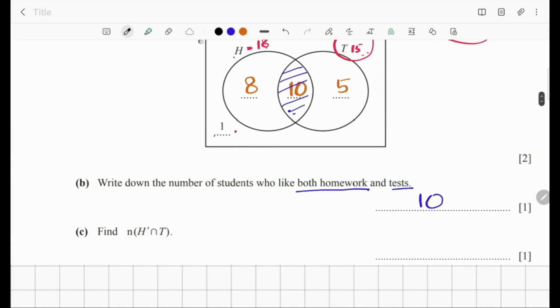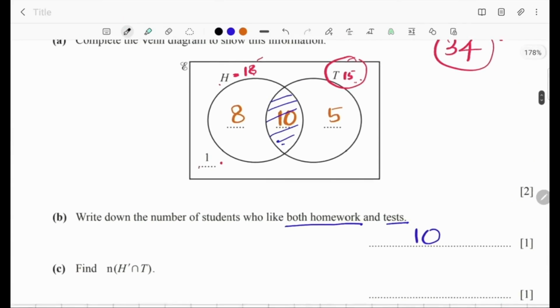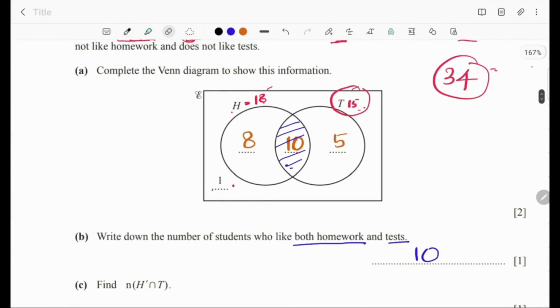So what is complement of h? Complement means everything that is not in h. Okay, everything that is not included in h. All right.